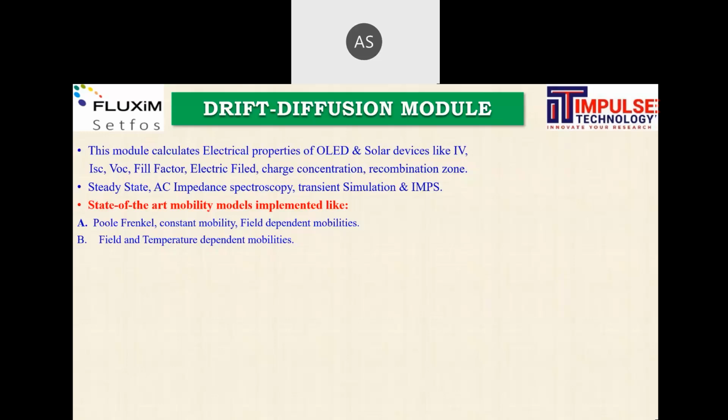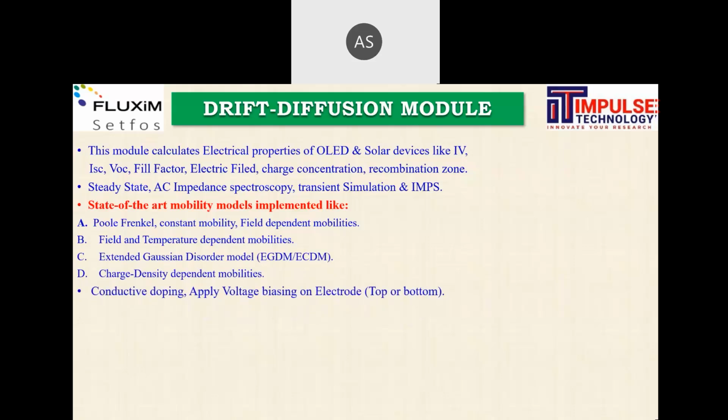Now we have a state-of-the-art mobility model that is also implemented, and you can vary the mobility parameters like Poole-Frenkel, organic mobility model, constant, field dependent, temperature dependent, time dependent, Gaussian disorder mobility model, charge density dependent mobility models.